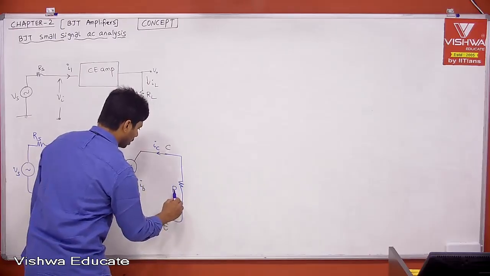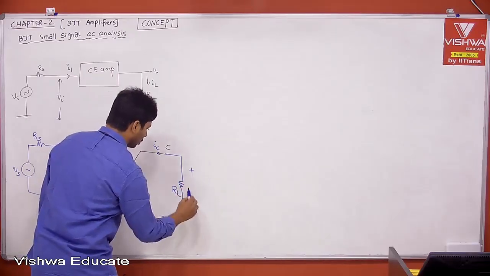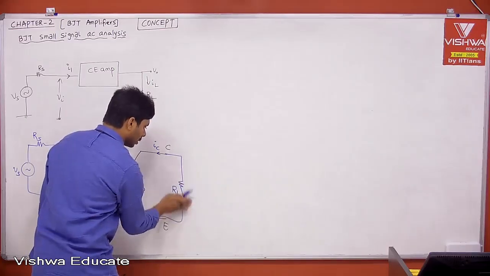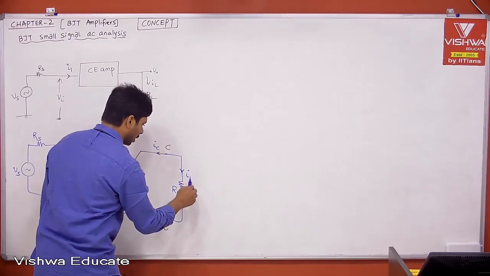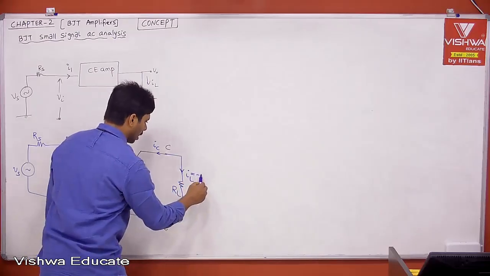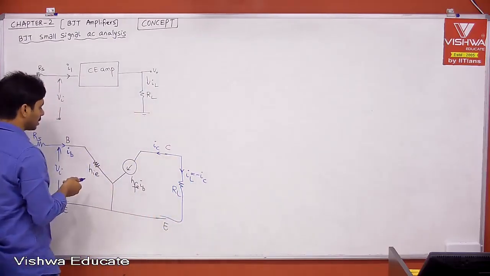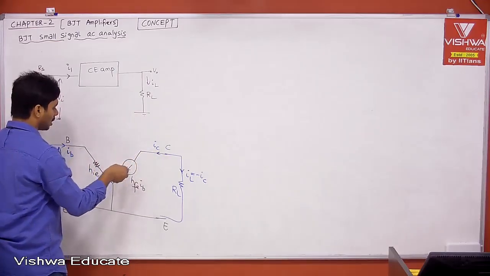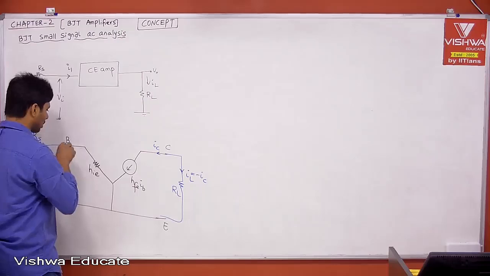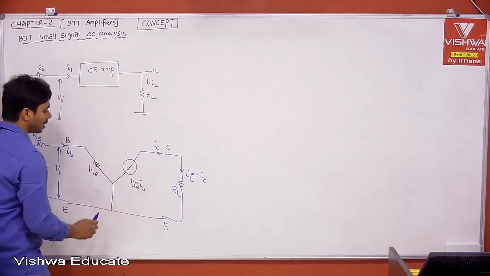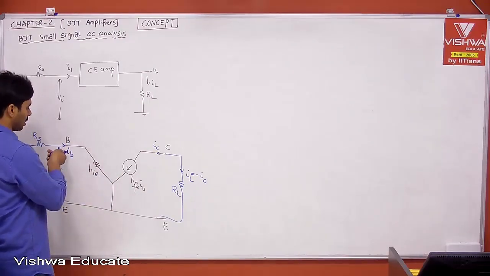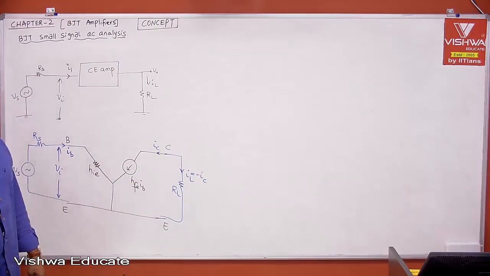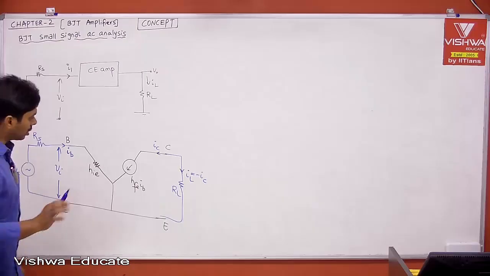This is your RL and this is your output voltage V0, and the current entering the load is your IL, which is exactly opposite to IC, because with respect to the transistor, base current is the one entering the base and collector current is the one entering the collector. This is basically the emitter, whose current is IB plus IC, but not required because my input current is IB and output current is IC. The emitter current is internal to your BJT, which we are not interested in for the common emitter configuration.